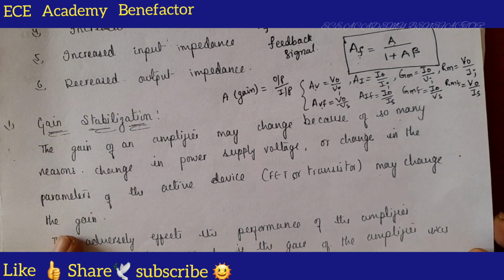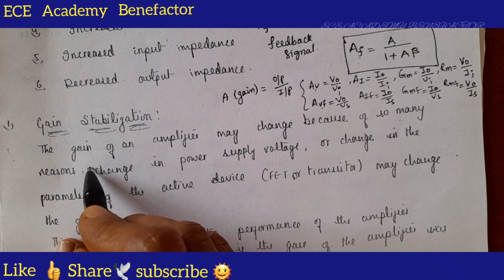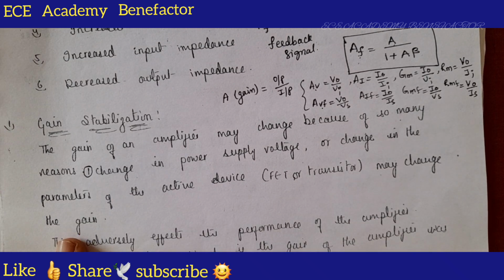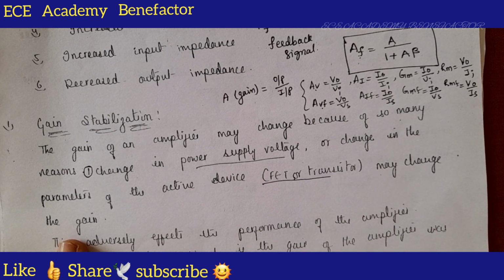The gain of an amplifier, why does it change? Because of many reasons. Sometimes due to change in power supply voltage, the amplifier gain may change, or change in parameters of the active devices like FET, such as hFE and all that, may change due to change in temperature.